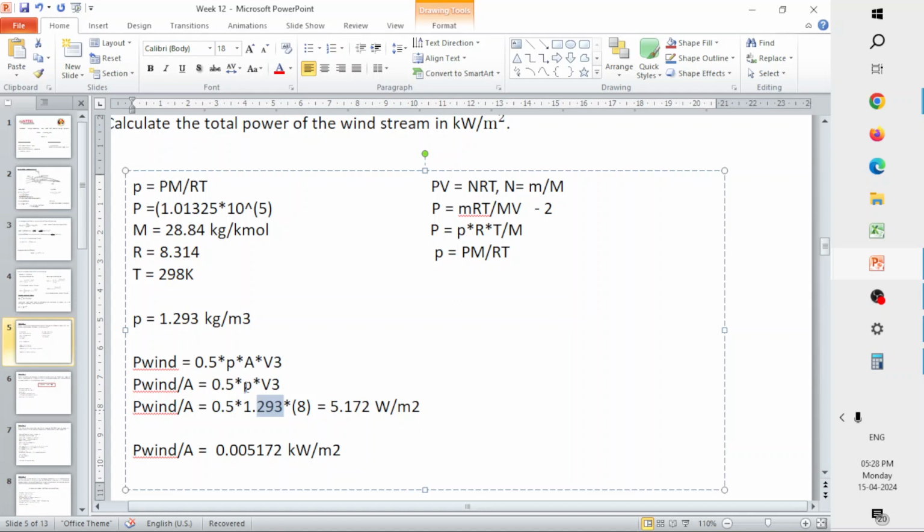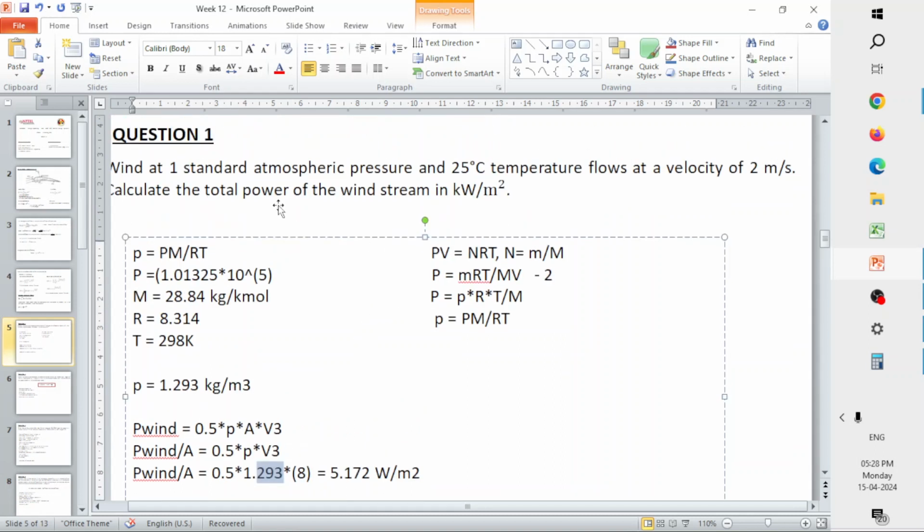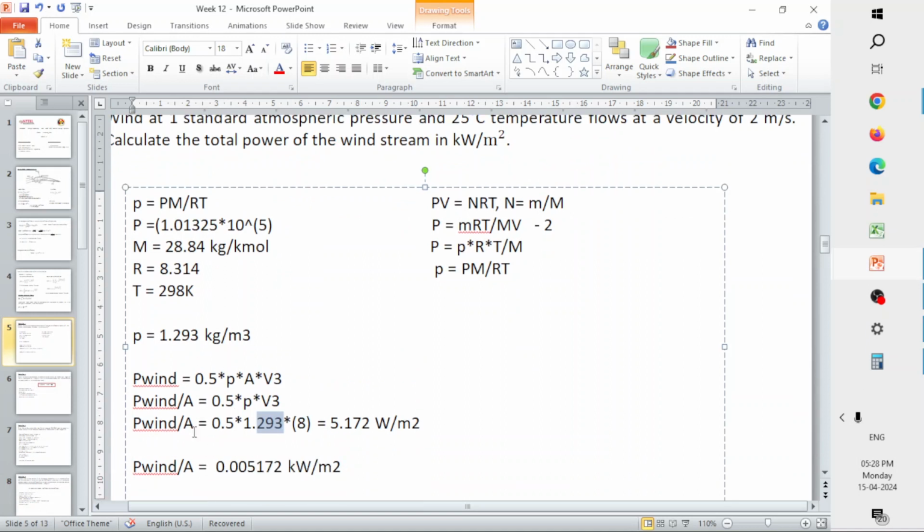and since here they have asked us to express the total power in kilowatt per meter square, you can take the area to the other side. So now you need to change the value of rho.